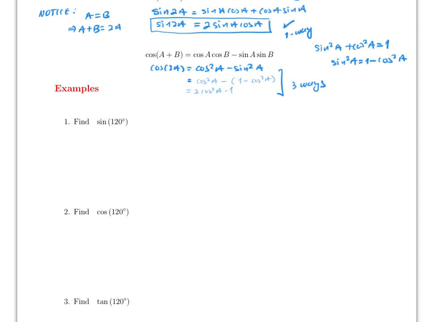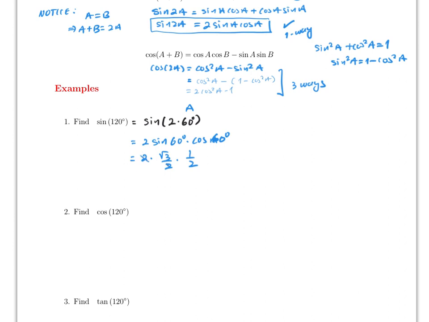So let's say you have sine of 120. Notice that 120 is the same thing as 2 times 60. So that's the double angle. According to the formula, this is going to be 2 sine A cosine A, where this is A. But we already know that sine 60 is radical 3 over 2, and cosine of 60 is 1/2.